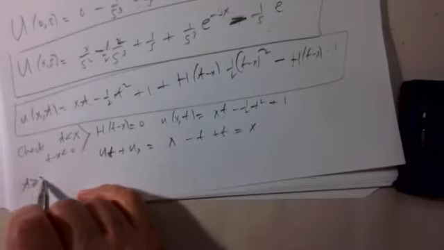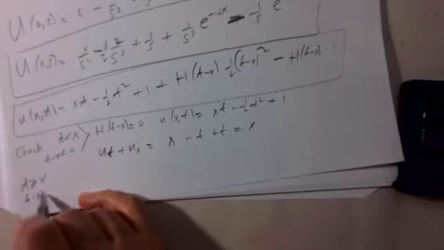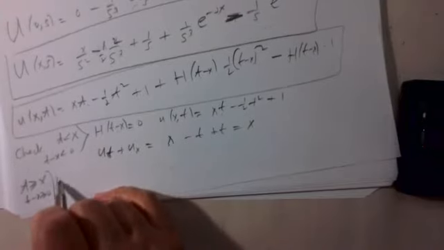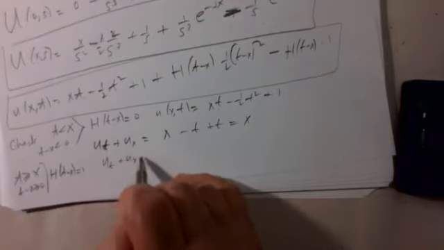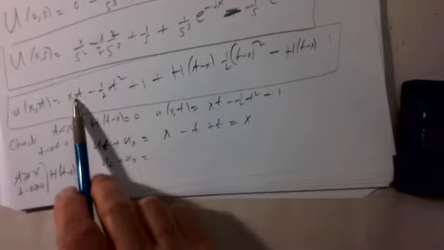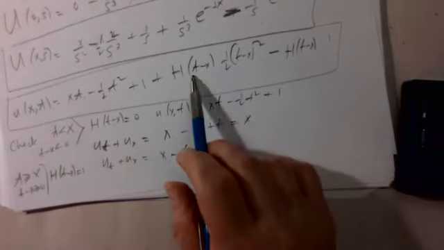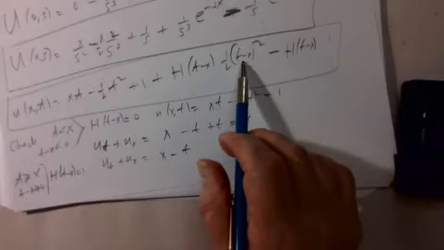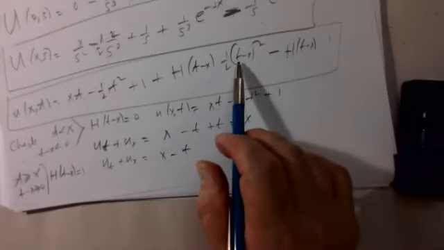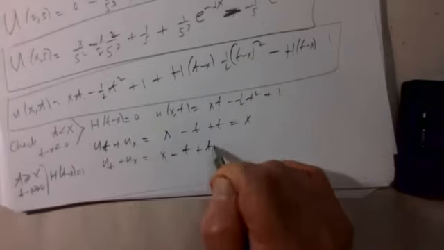If t is greater than or equal to x, so t minus x is greater than or equal to 0, h of t minus x is 1. So u sub t plus u sub x: when I differentiate with respect to t, I get x minus t. The derivative of this with respect to t is a half times 2 times t minus x. And when I differentiate with respect to t, this is just 0.